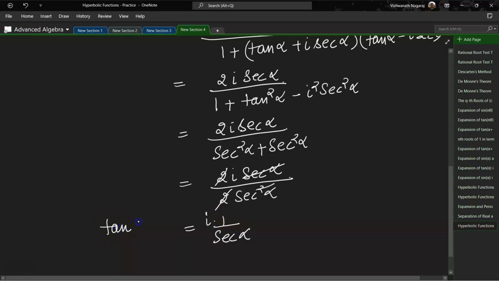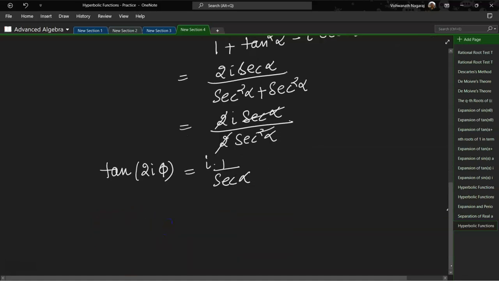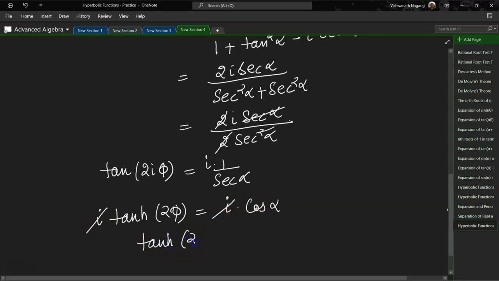Now here we have tan 2i phi, right? Tan 2i phi can be written as i times hyperbolic tan of 2 phi, and here we have i by sec alpha. So 1 by sec alpha is cos alpha. So i cancels, and we end up with hyperbolic tan of 2 phi equal to cos alpha.